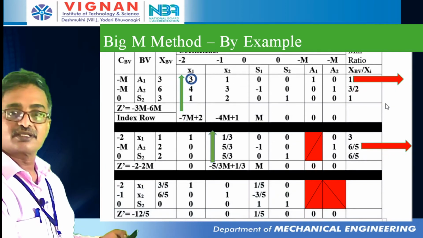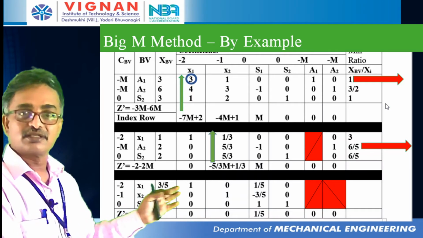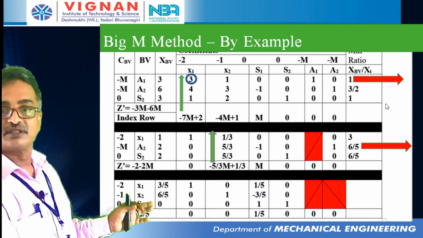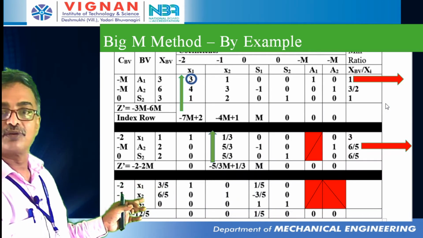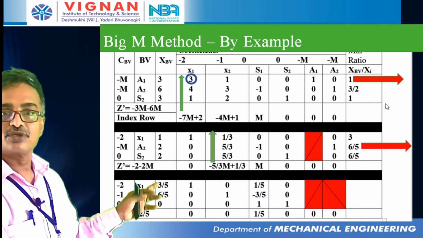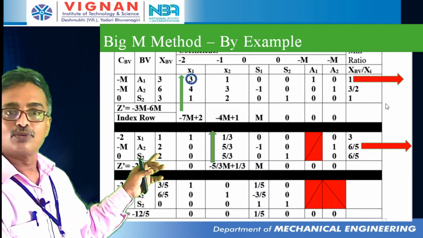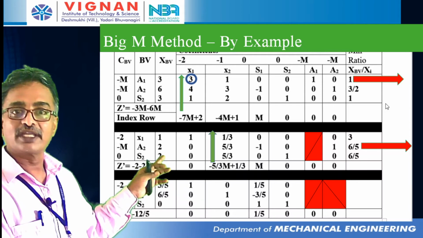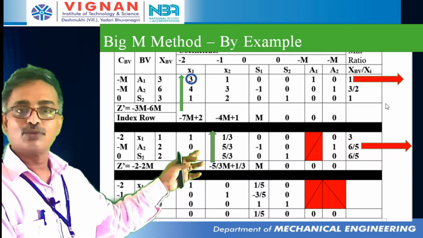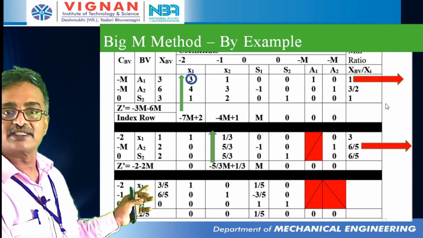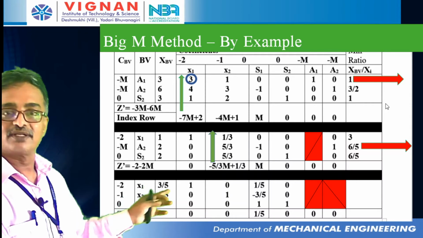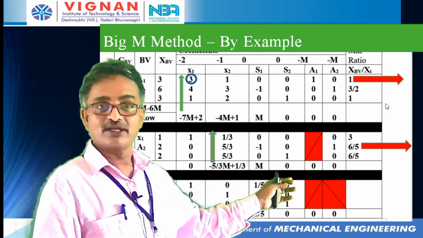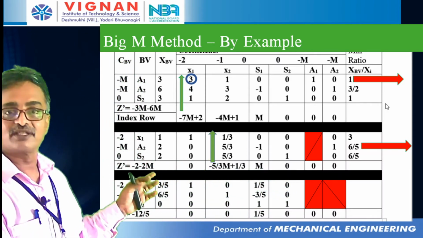With this we have the last table. The key row is now the a2 row, and the key column was 5 by 3, so 2 divided by 5 by 3 is 6 by 5, and all the row values are divided by 5 by 3. 5 by 3 by 5 by 3 is 1.